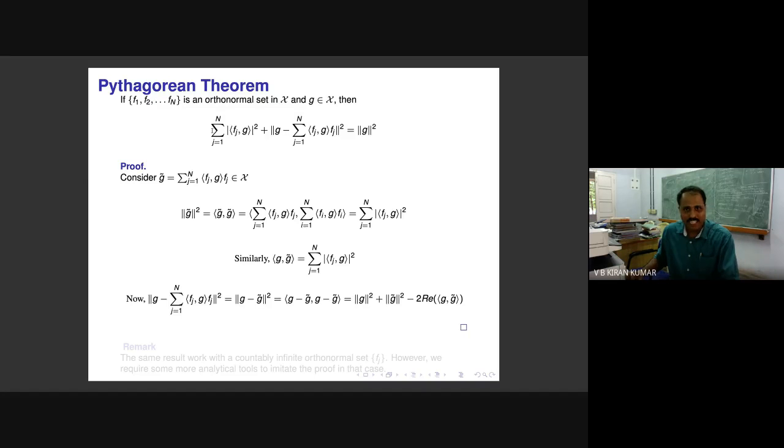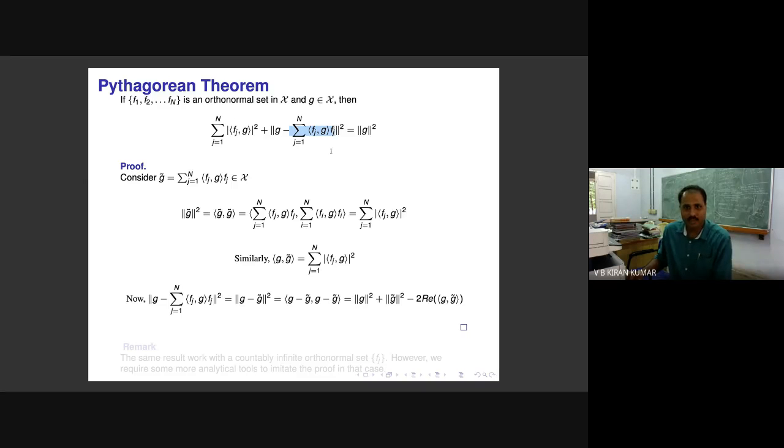You consider norm g squared. That is obtained by these two sums: the summation from j equal to 1 to n of mod of the inner product of fj and g, squared, plus the norm squared of the difference, g minus this quantity.